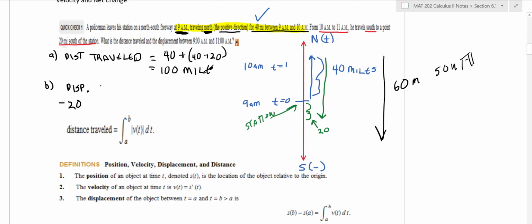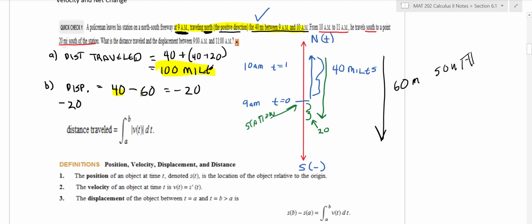What we do is take that initial displacement, 40, minus that 60 to get negative 20. That's how you find the displacement. That's the difference between distance, where you're calculating positive 40 and positive 60 because you're using the absolute value of those numbers. For displacement, you use the 40 north, so that's positive, and the 60 south, that's why you do a negative.